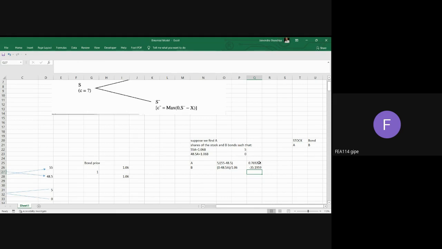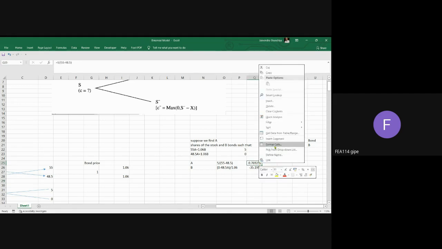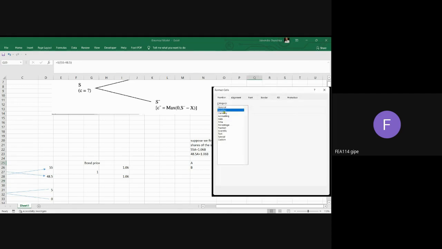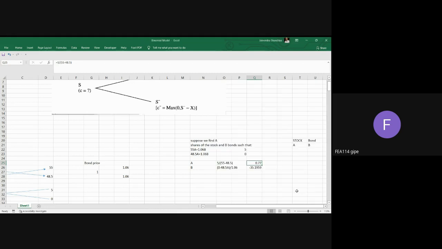So the answer to your question is, we need 0.77. I just approximate.